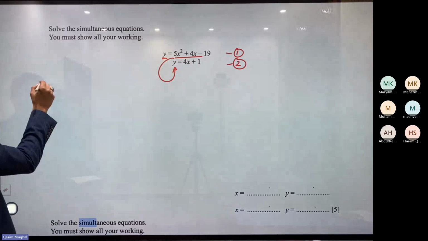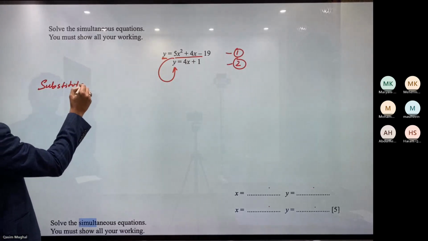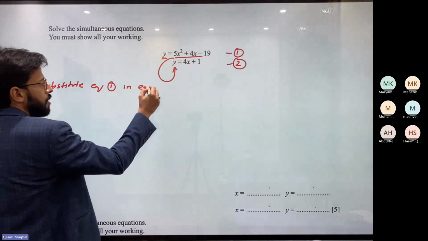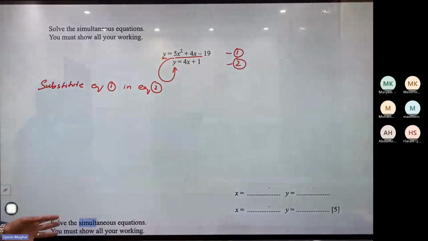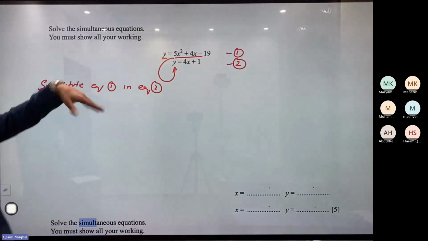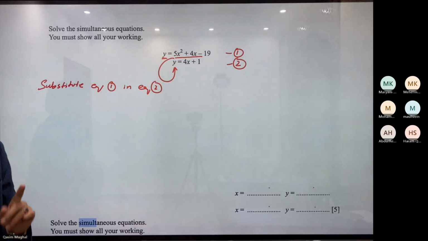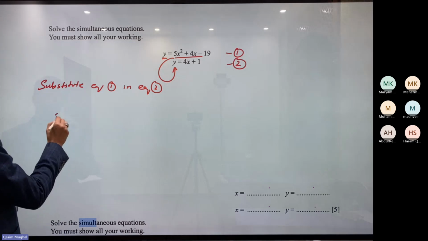Okay, so substitute equation 1 in equation 2. Okay, there is nothing new we are going to do, only topic का name different हो गया और method restrict हो गया यहाँ पे. Like we don't have options here for the method. We only have one option, which is substitution method. Rest everything is going to stay the same.